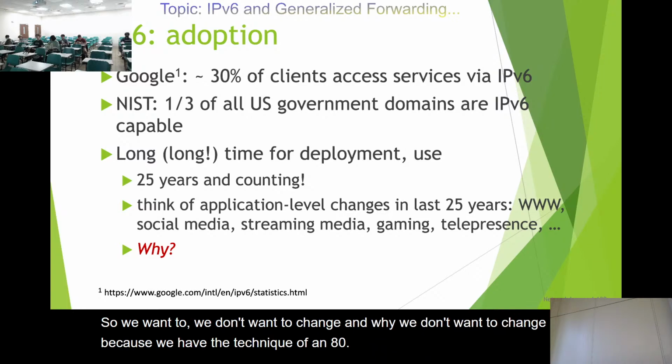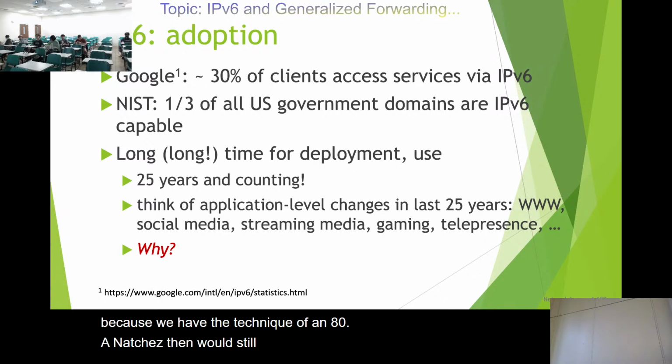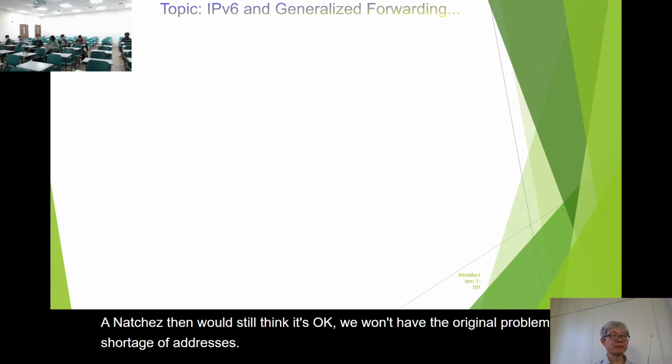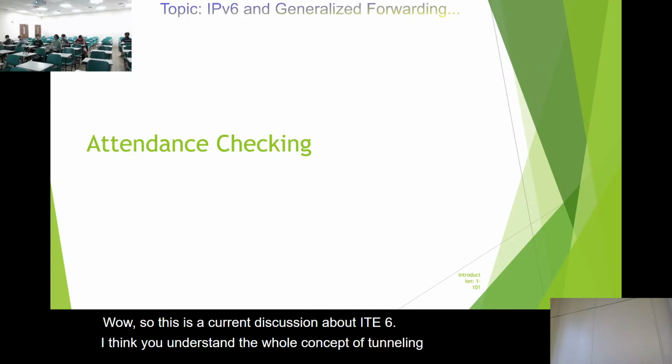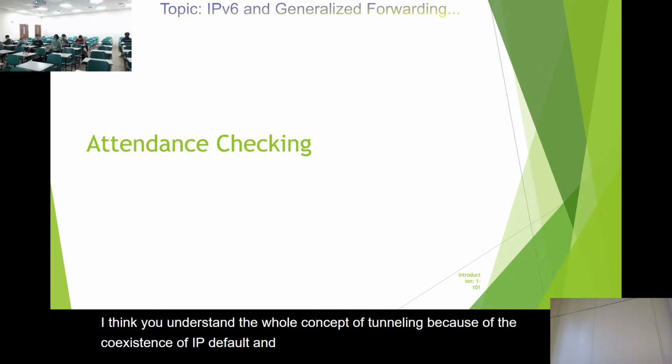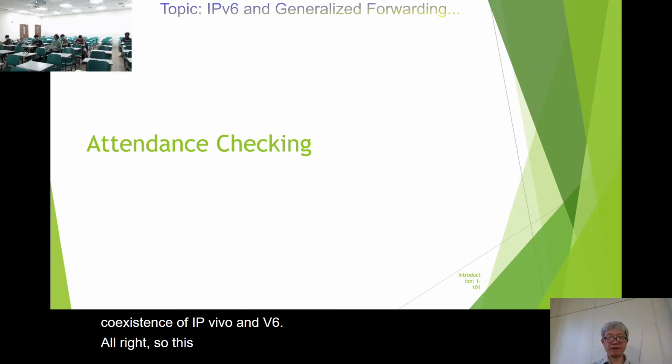With NAT, we still think it's okay. We won't have the original problem of shortage of addresses. Well, so this is a current discussion about IPv6. I think you understand the core concept of tunneling because of the coexistence of IPv4 and v6. All right, so this is IPv6 for your reference.